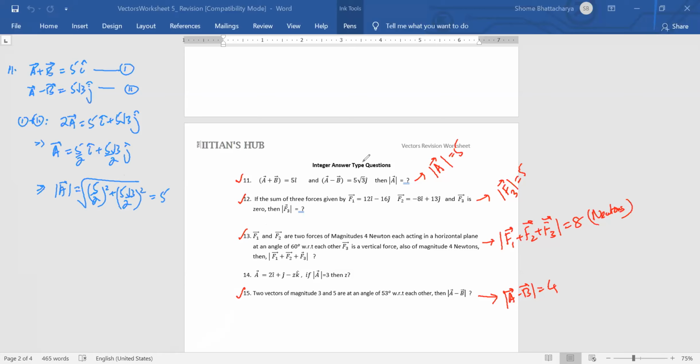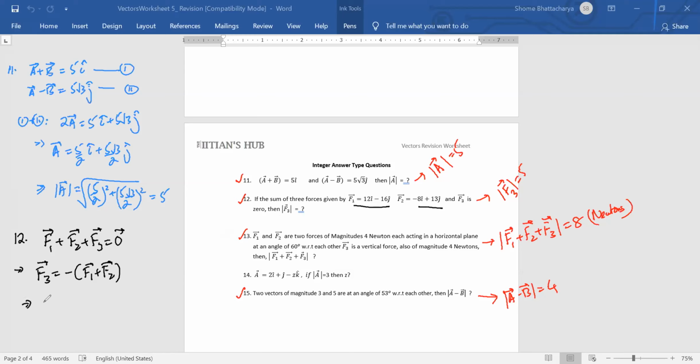Okay. Now 12 is very simple actually. In 12 you have to just understand that f1 plus f2 plus f3, the resultant, is 0. So that again means that f3 is negative times the sum of f1 plus f2. Now substitute these values of f1 and f2 given.